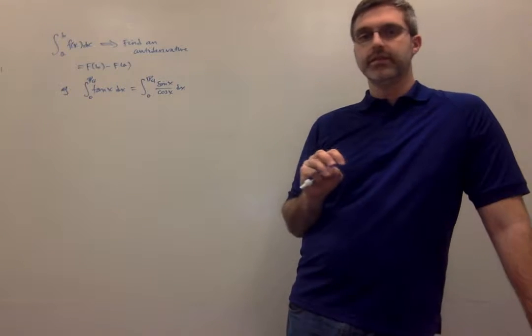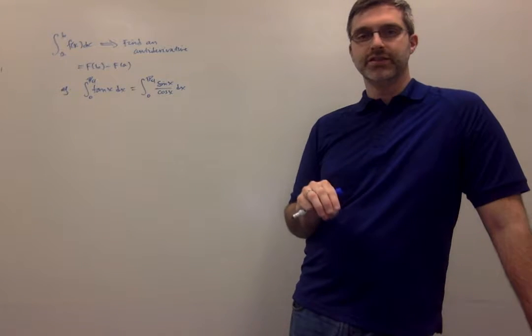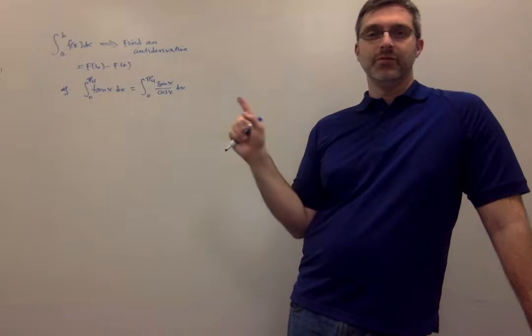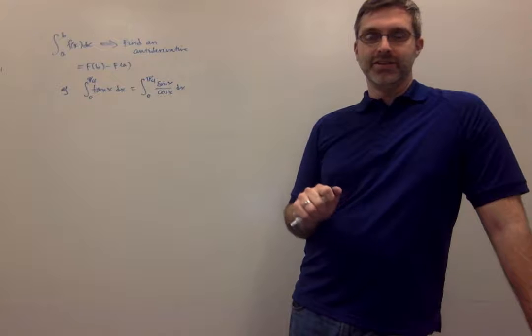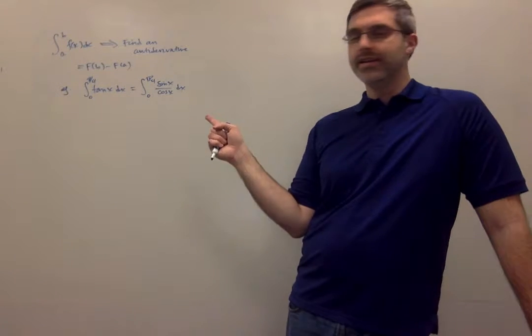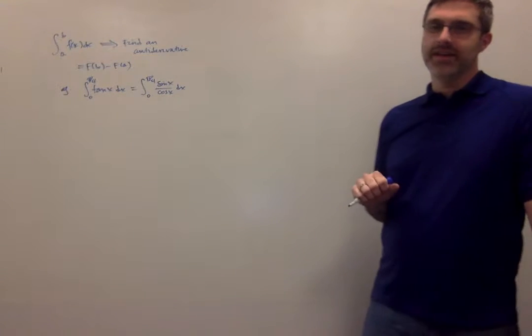But you can actually do this problem with substitution. I want you to maybe think about that, and I might even give you some bonus on the homework if you figure out how to do a problem like this using substitution. So I'll let you think about that.